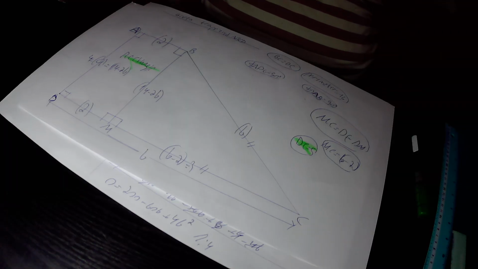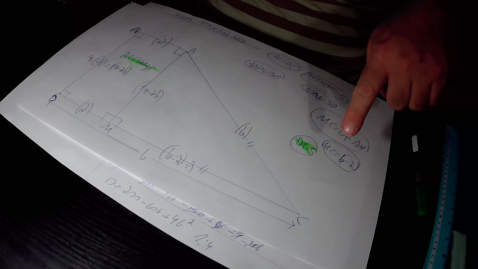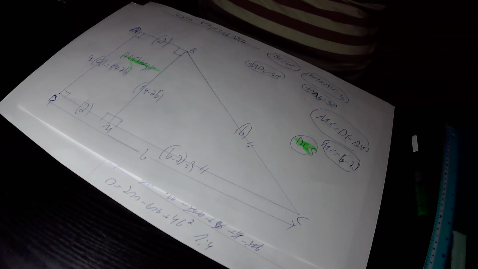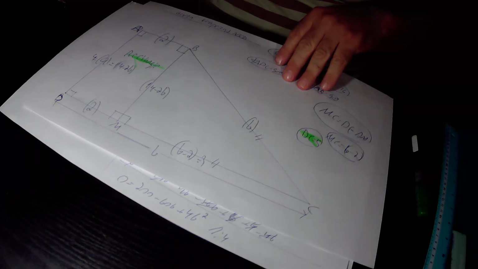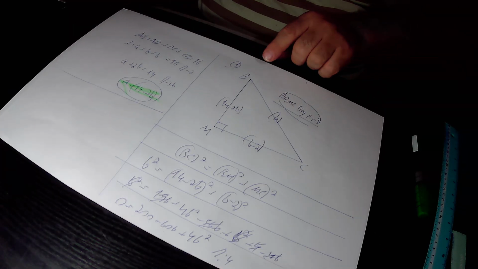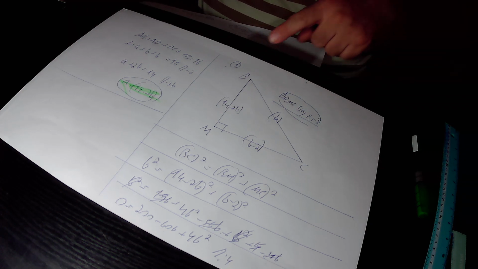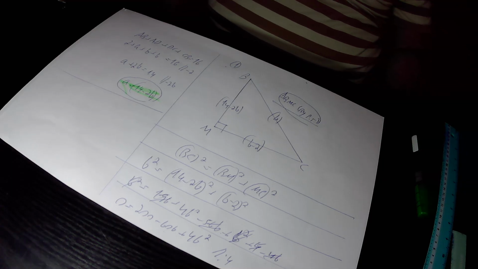In the next step, I copied this right triangle BMC onto the page and applied the Pythagorean theorem to it.